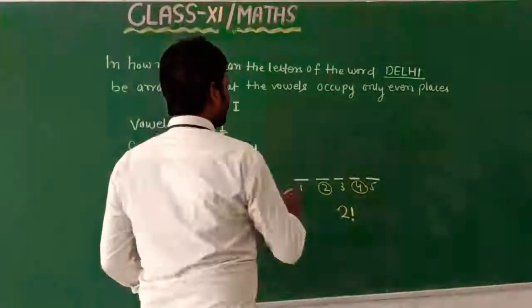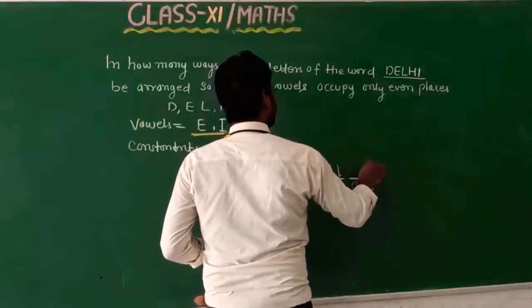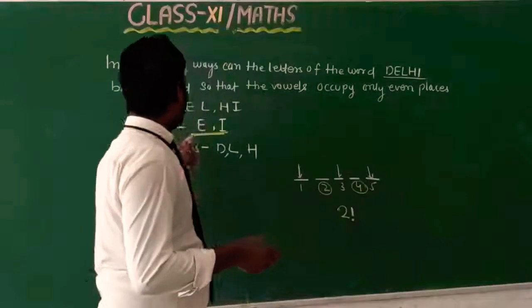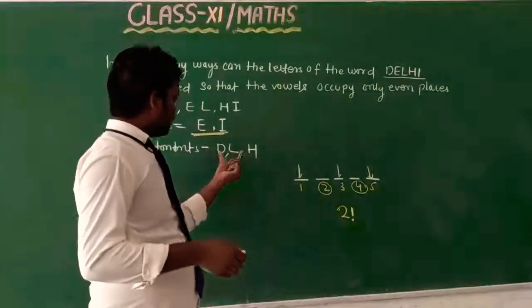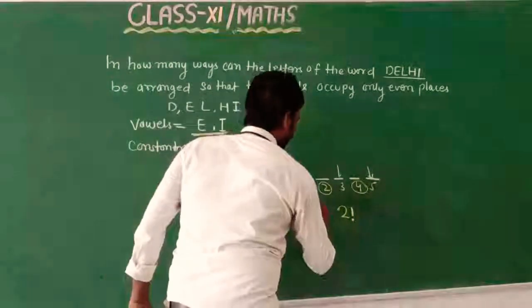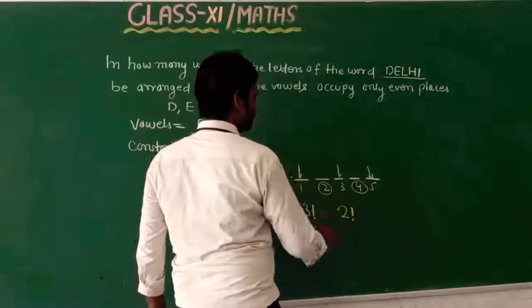Okay. And we are left with three places, 1 2 3, and we also have three consonants. So three consonants arranged at three places in factorial 3 ways. Okay.